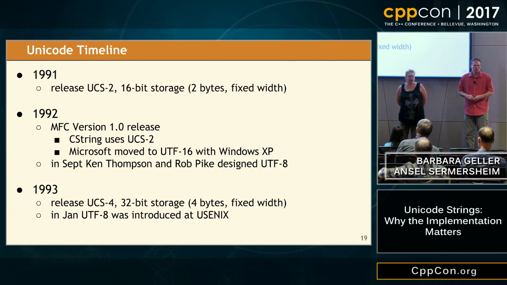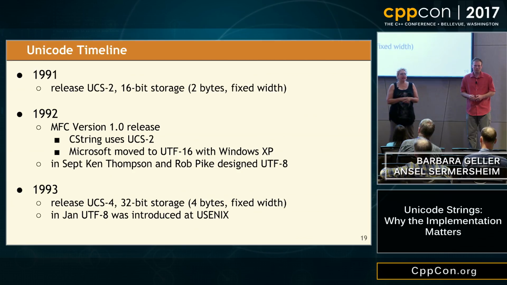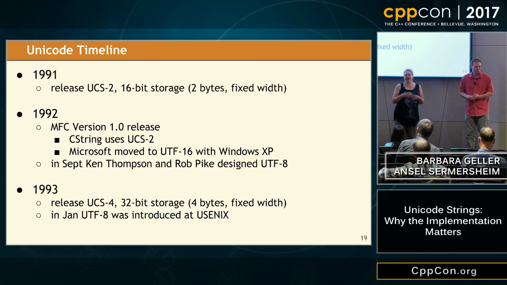It's a very interesting story that Rob has actually published, and he had them pull up the old server so he could prove, with emails from a gazillion years ago, that this is actually the way it happened. They got UTF-8 working in Plan 9, which those of you Linux people are familiar with. Plan 9 didn't quite go where they wanted, but it did do UTF-8 in about 3 days.